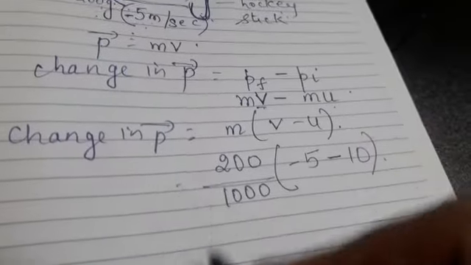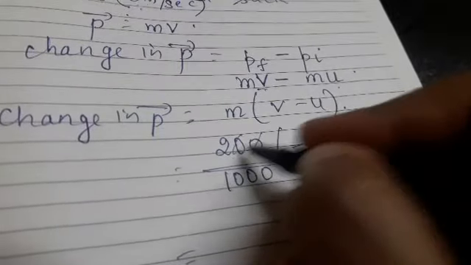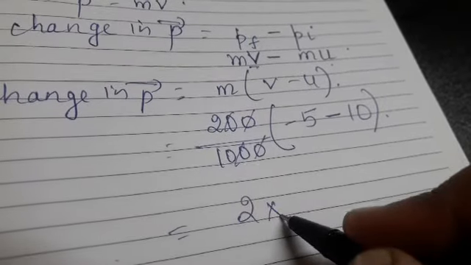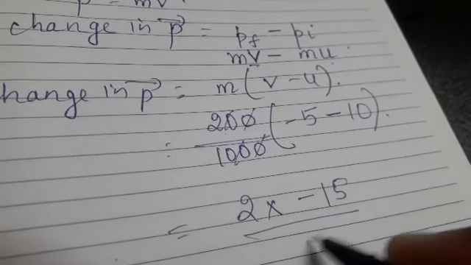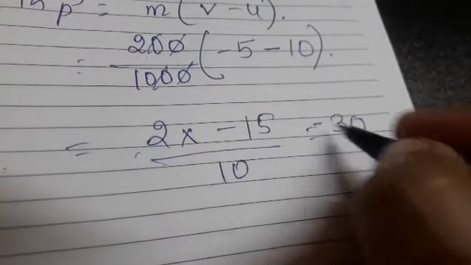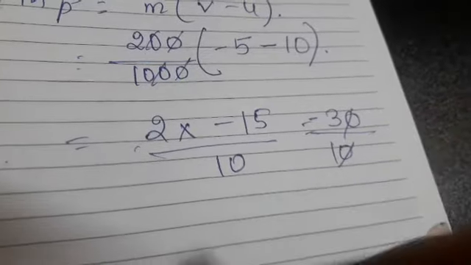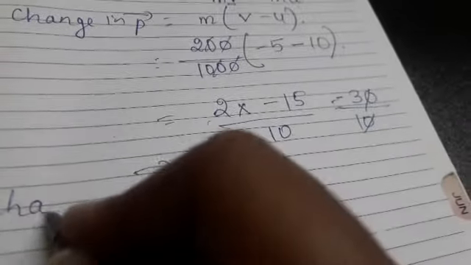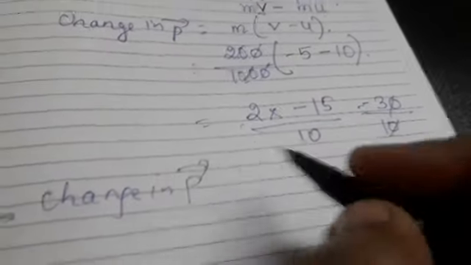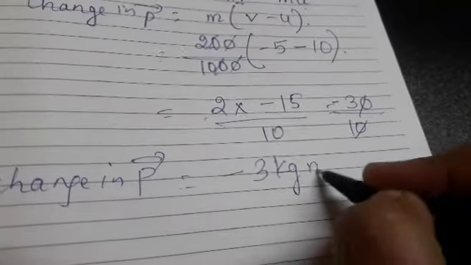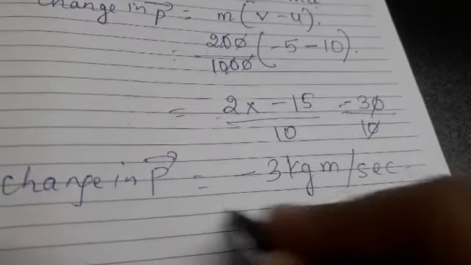Okay, so therefore it will be, this cancels, 2 into minus 15 upon 10, that is 15 into 2 will give you 30 upon 10, and therefore change in the momentum is equal to minus 3 kg meter per second.